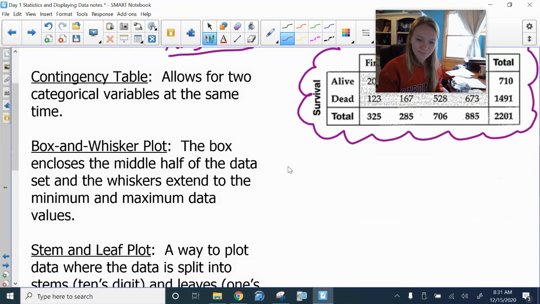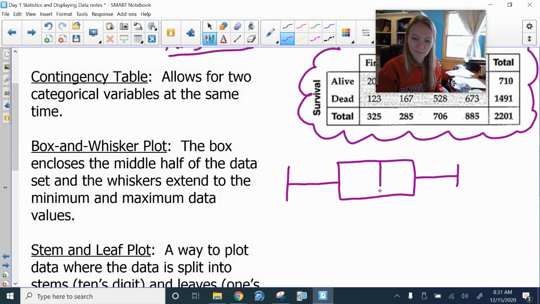A box and whisker plot. We're going to do one of these here in just a second. It looks like this, where we use a lot of our quartile data. So this would be our median. Here we would have our Q1, here we would have our Q3, the numbers, and then this is your minimum and your maximum.